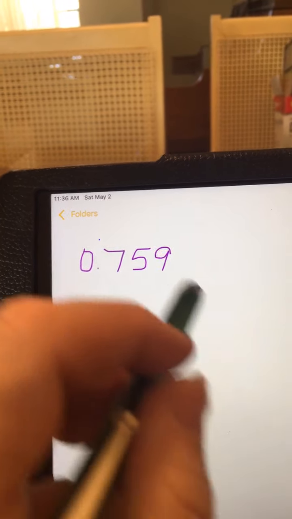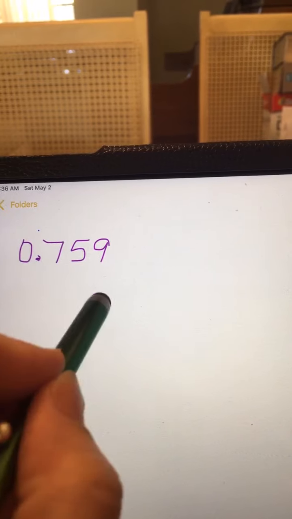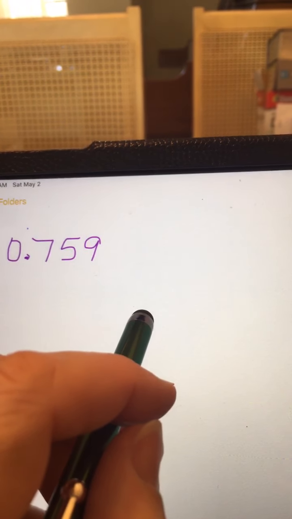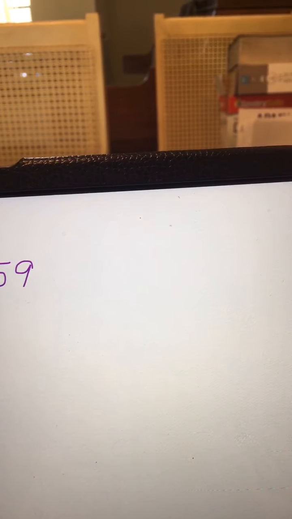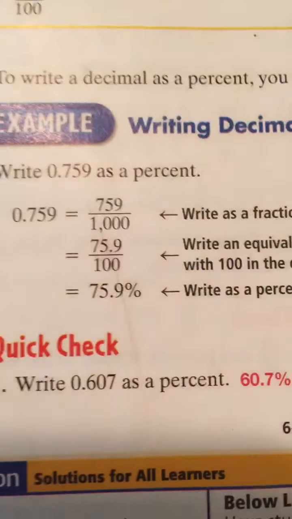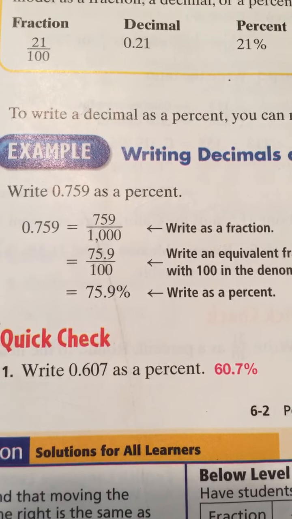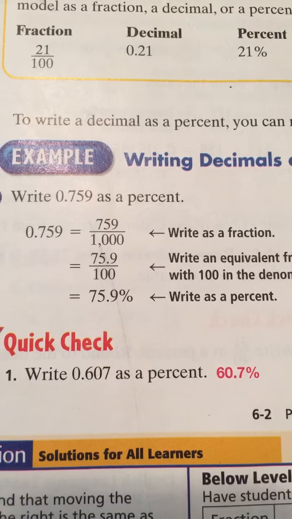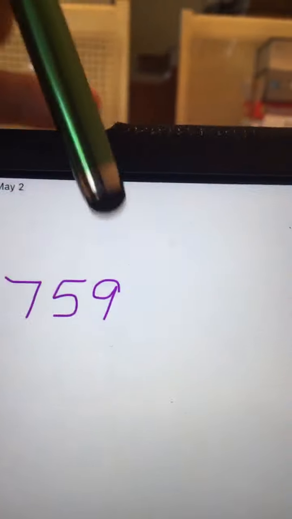So write it as a fraction. They show you in the book: 759 over 1,000, because the last number, 9, is in the thousandths place.